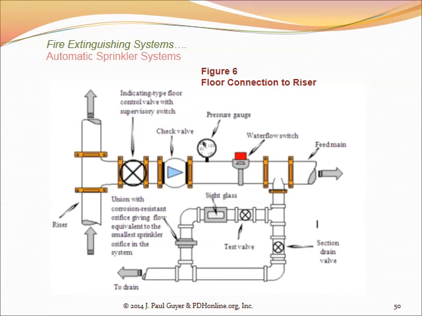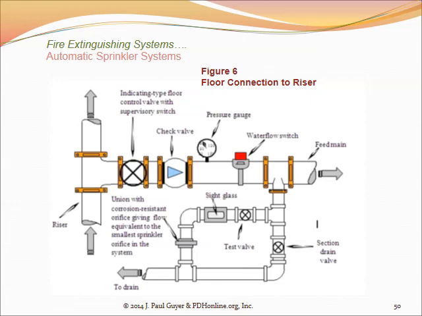There's a check valve to keep the water from the sprinkler piping on a given floor from flowing backwards into the riser. You see a water flow switch there. That's the key element in the alarm system.